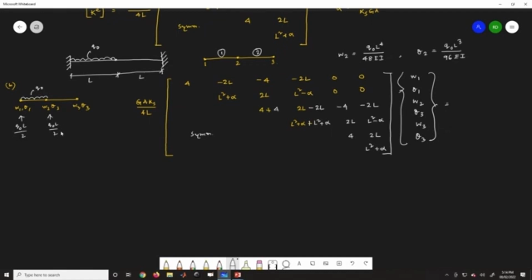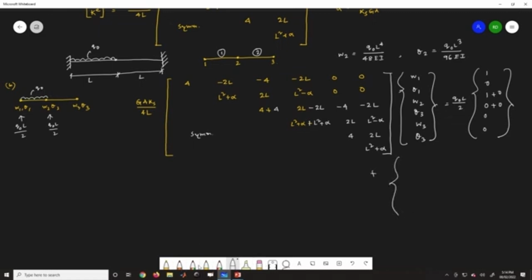There is no moment here, so that is why this is 1, then this will be 0, then this will also be 1, then 0, then 0, then 0 and 0.